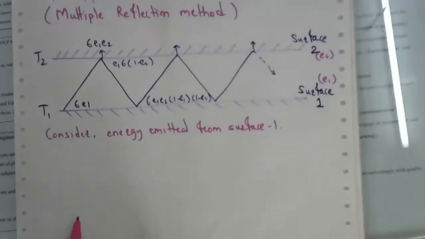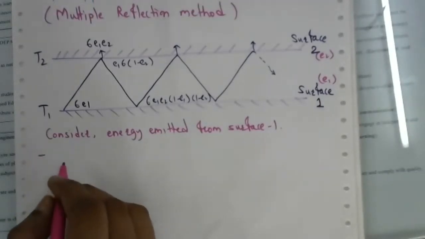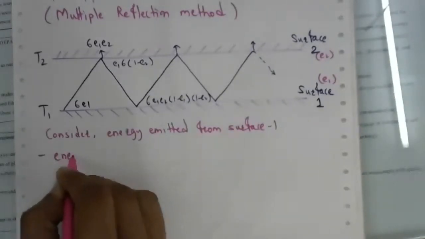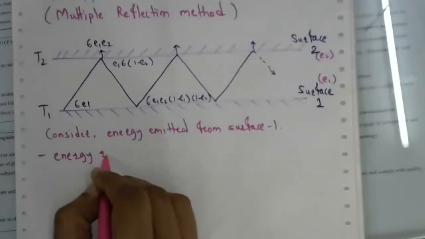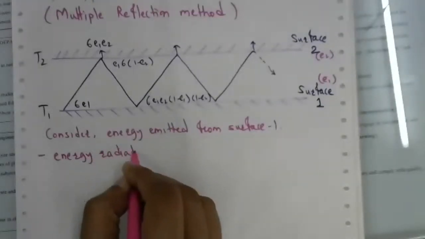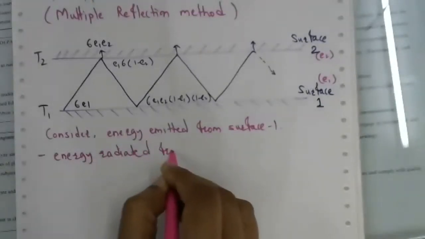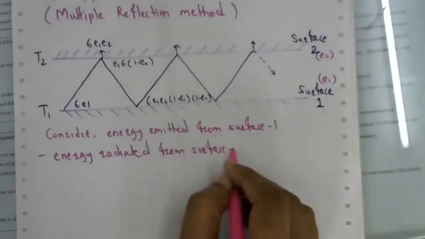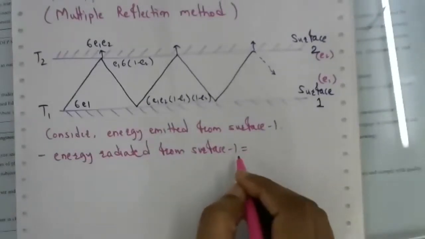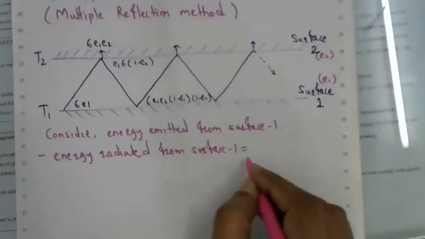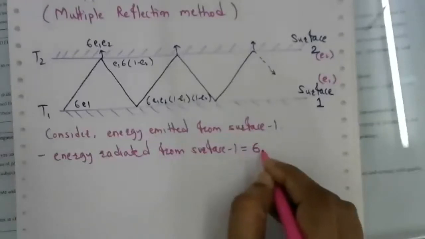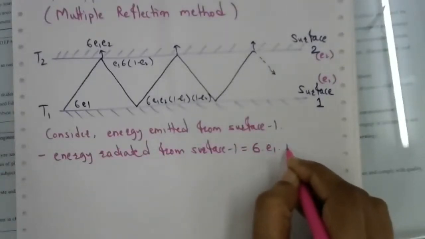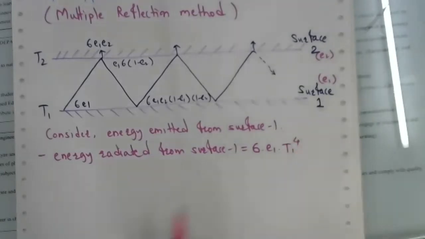The energy radiated from surface 1 is sigma into E1 into T1 raised to 4.